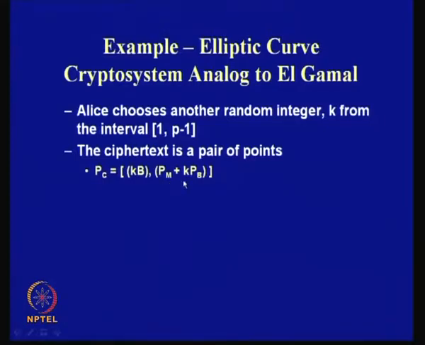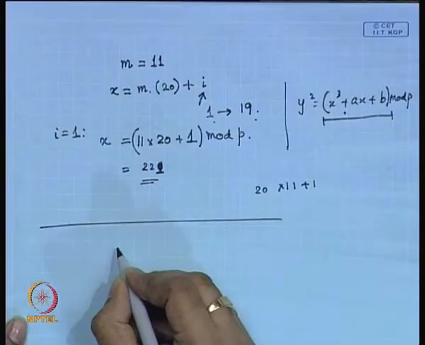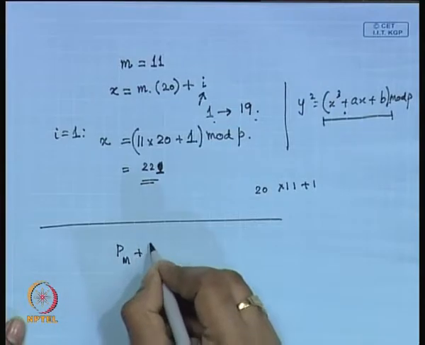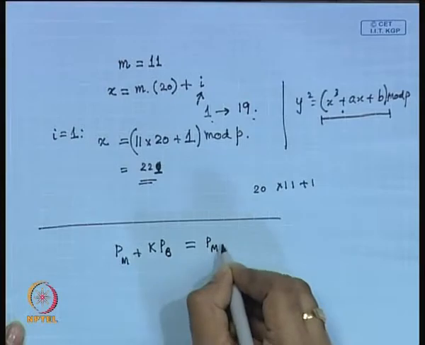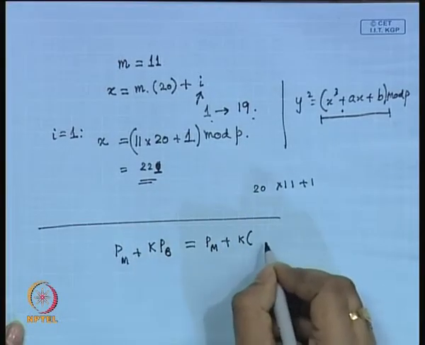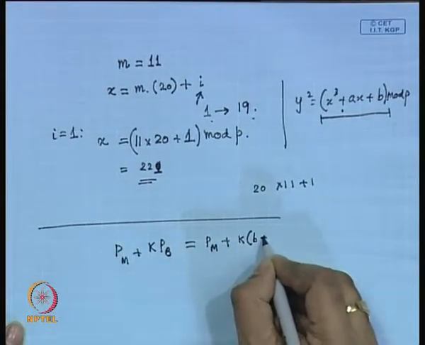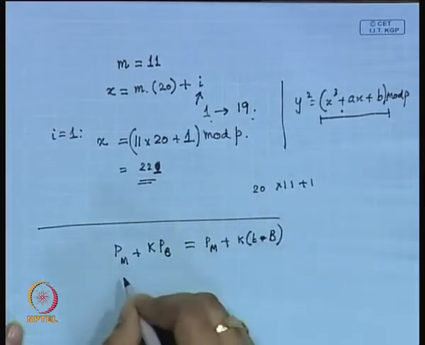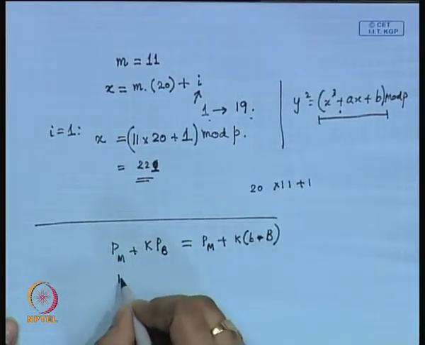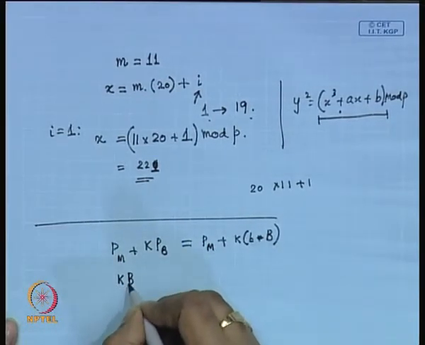Now, if you want to obtain Pm from Pm plus k into Pb, note that the ciphertext has Pm plus k into Pb, which is equal to Pm plus k into the secret b multiplied by the base point b. The other component was k b.